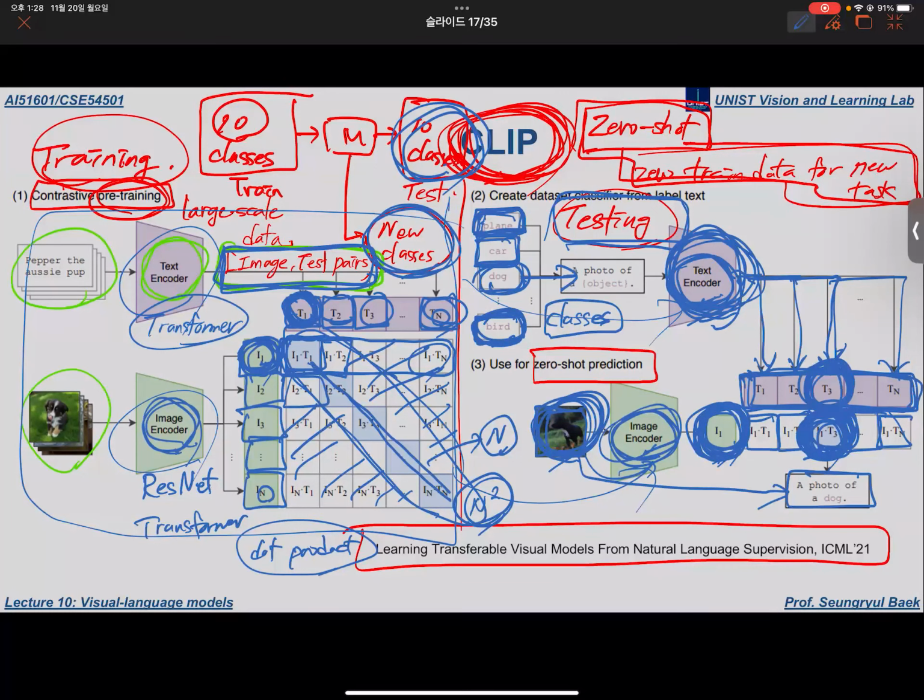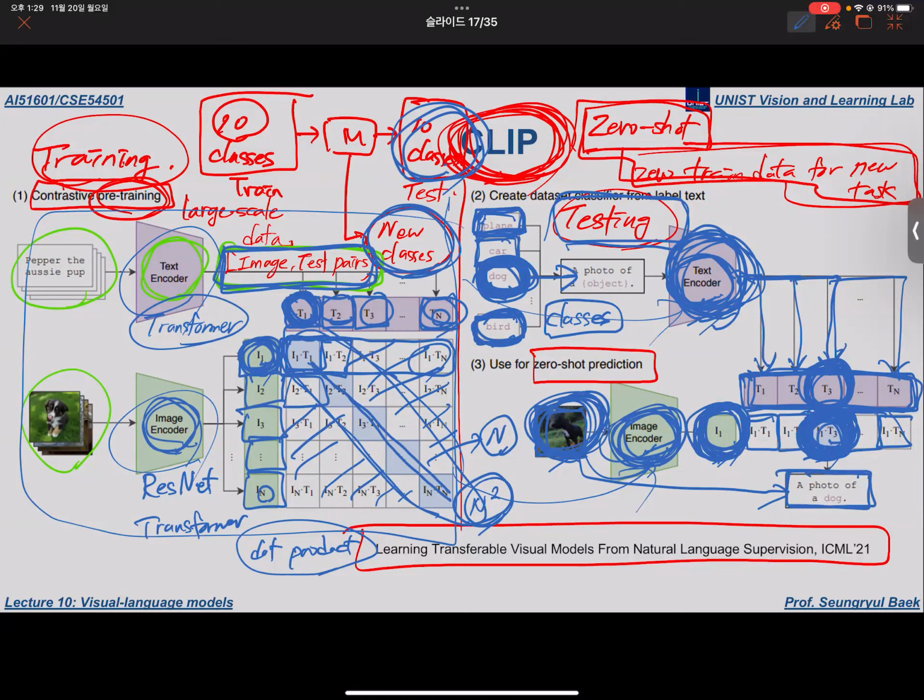So even though dog was not a class seen during the training, we can input it to the text encoder, and if the similarity between this encoded text feature and the image feature is the highest, then we will say this image has that word inside.